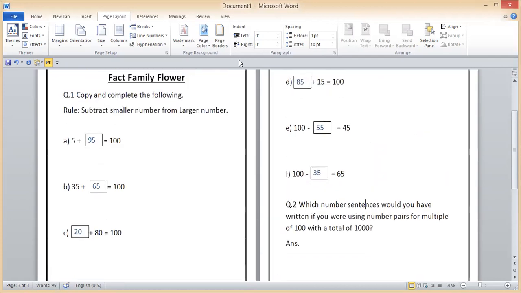Guys, can I go down now? Yes, sir. Okay, now in question number 2, guys, you have to use multiples of 100 to make a total of 1000.